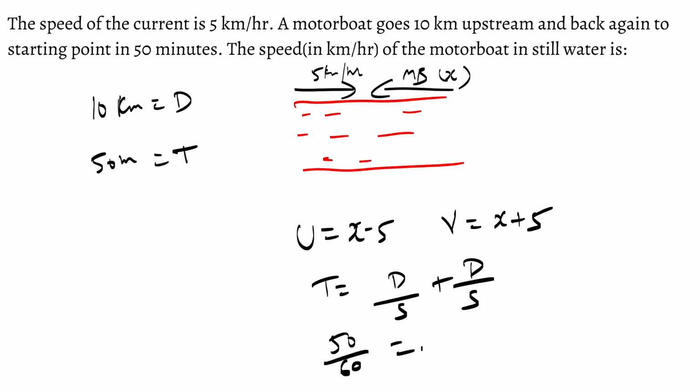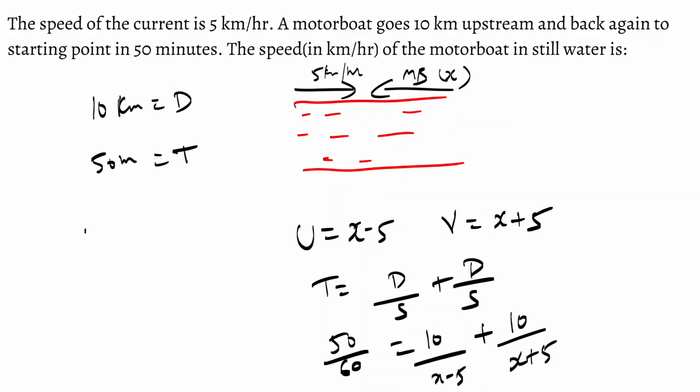Distance in upstream is 10, and the speed of the upstream is x minus 5, because we have to subtract both the values to get the relative speed. Distance is the same in the second case as well, and the speed is x plus 5, because we have to add both the speeds. Take LCM and calculate.